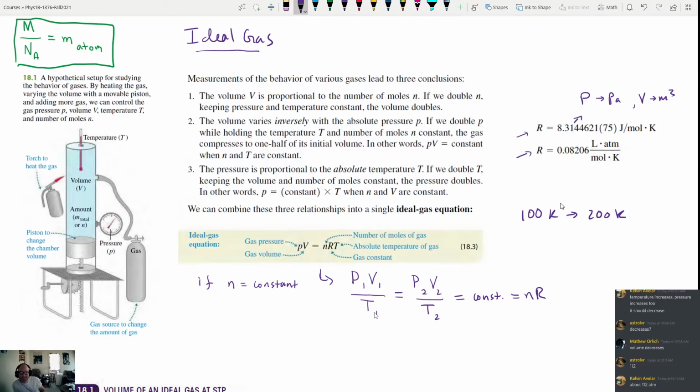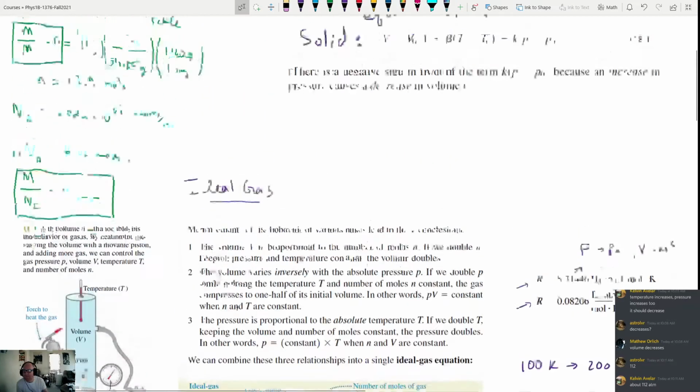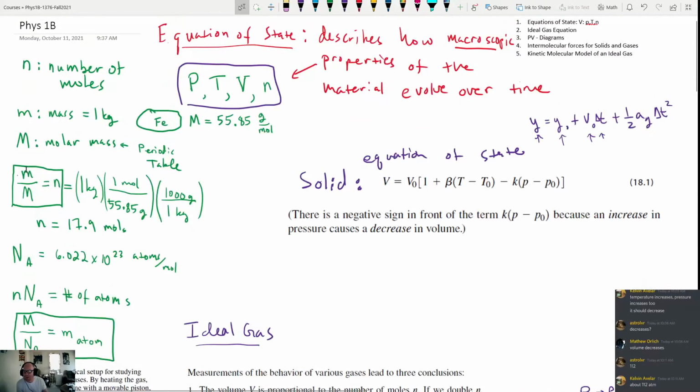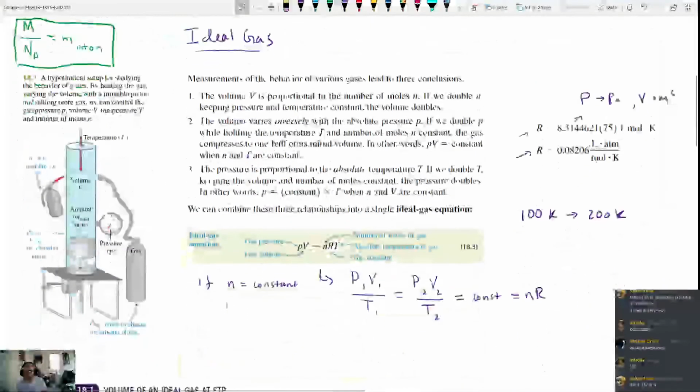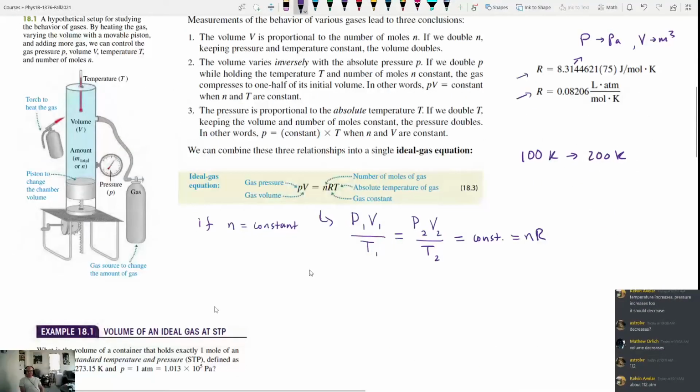We can use the equation, it's not this one. It's the other one. This one, little m over big M is equal to n. Let's use that equation. So we have pressure times volume is equal to nRT.